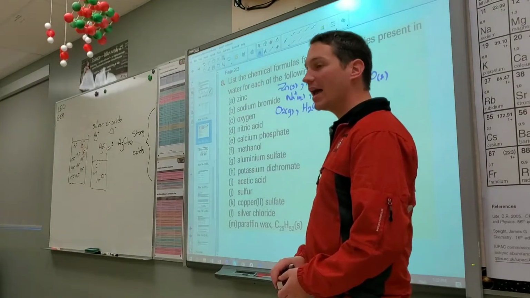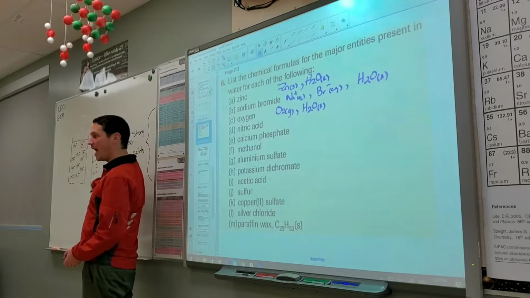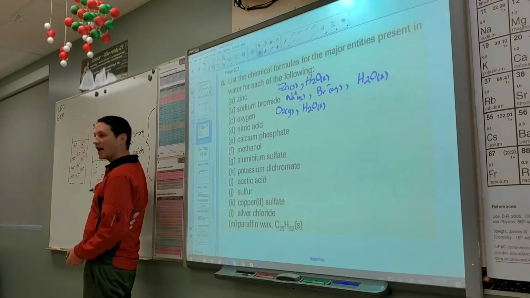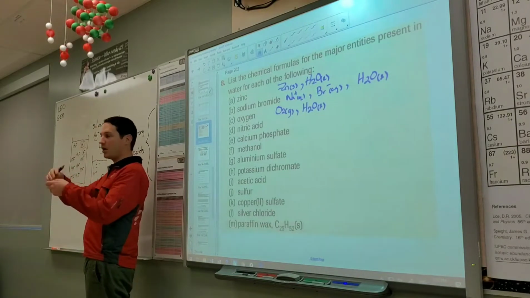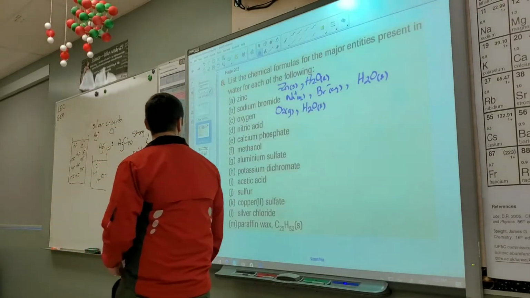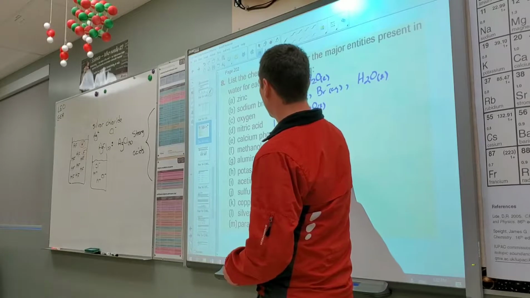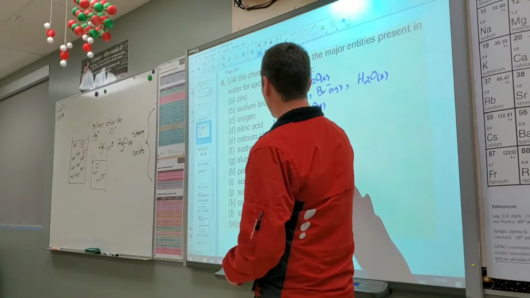Do strong acids separate? Yes, totally. Would you agree that the reason why we define them as strong acids is because the hydrogen pops off really easily? So what are we going to have here? You're going to have an H plus ion, and what else?